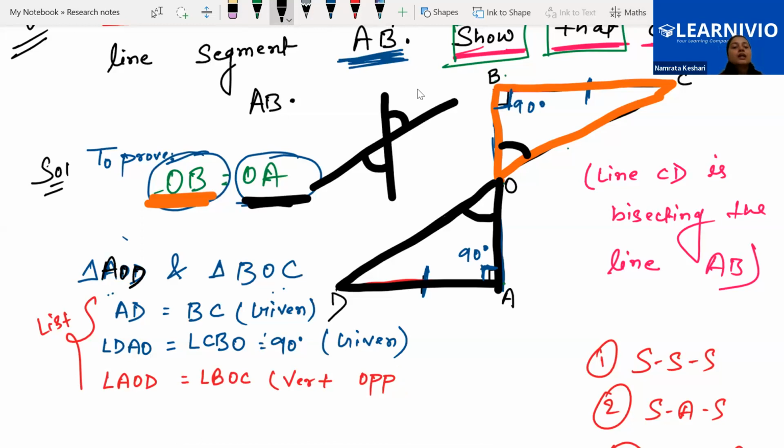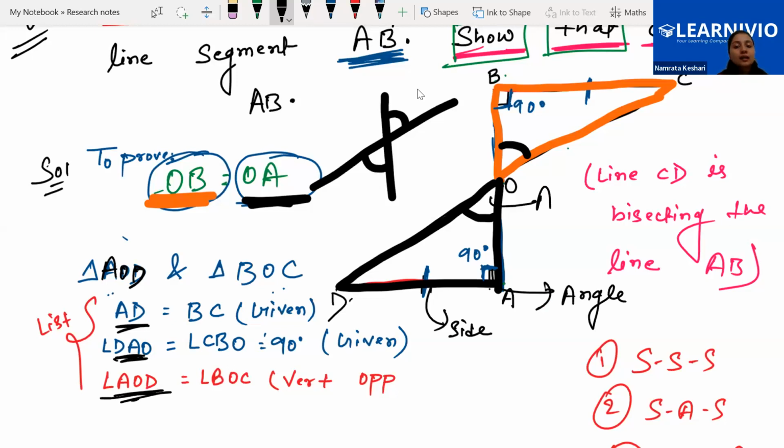So in this triangle, if we mark down everything from the list, side AD is there. This side we have used in our list. Angle DAO, this 90 degree angle we have used. And angle AOD, this angle we have used.